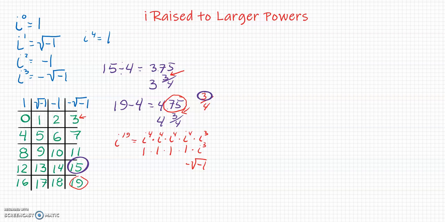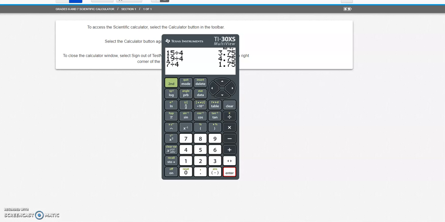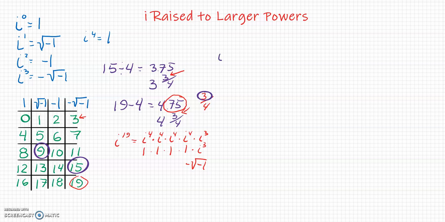Let's look at some from the other columns. Let's say i to the 9th. i to the 9th means we're simply doing 9 divided by 4. The calculator says 2.25, which is the same thing as 2 and 1/4.